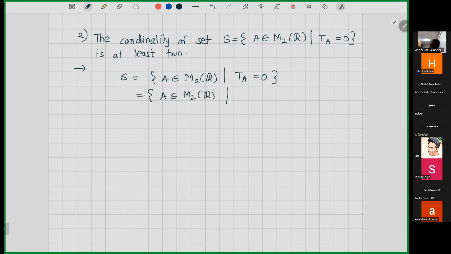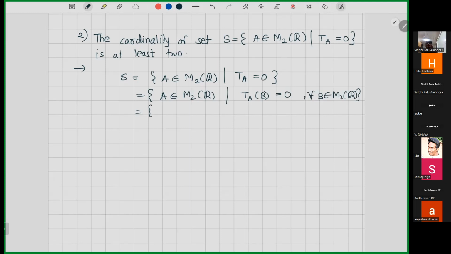just a second, it means that TA of B, since we are in the matrix set, is 0 for all B in M2R. So it is actually the zero transformation. They are saying that there are two matrices corresponding to which we have the zero linear transformation.